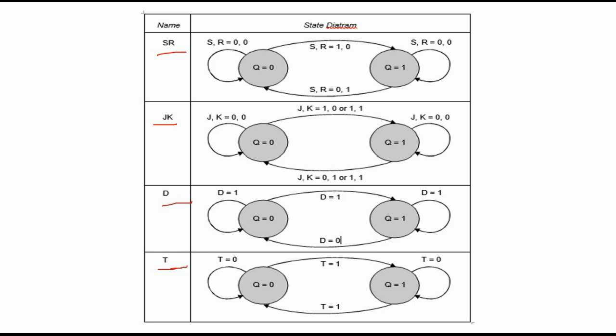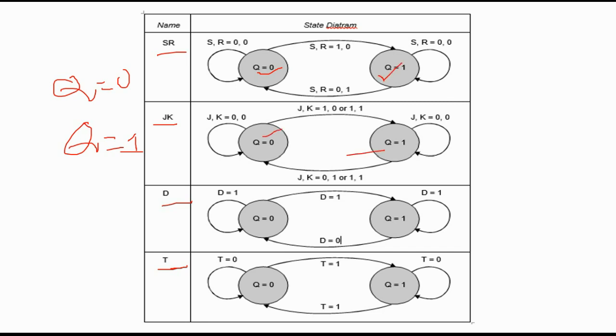So how many current states are there in flip-flops? Only 2. What are those? Q equal to 0, Q equal to 1. Two states. That's why everywhere a state can be represented with a circle, right?